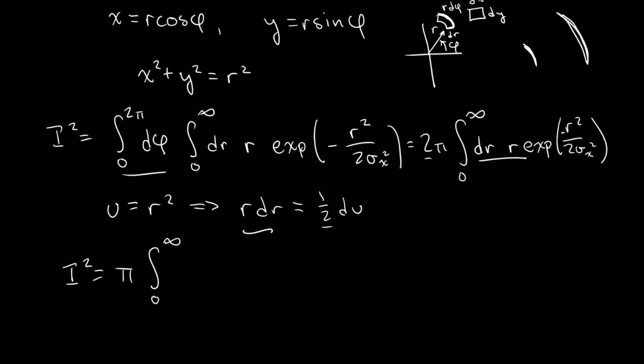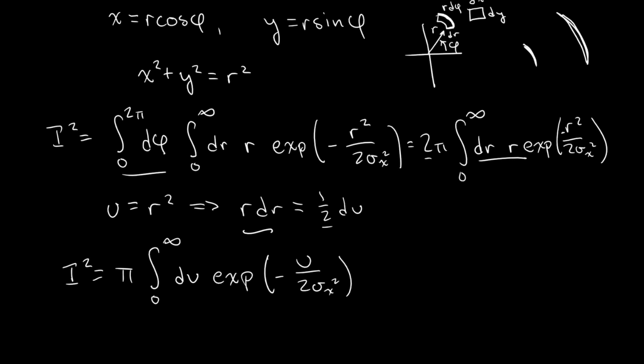Integral from 0 to infinity, right? 0 for u is still 0, and infinity is still infinity, du exp minus u over 2 sigma x squared.